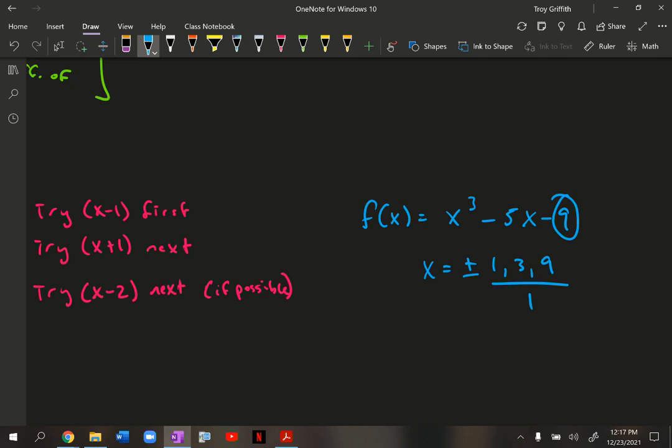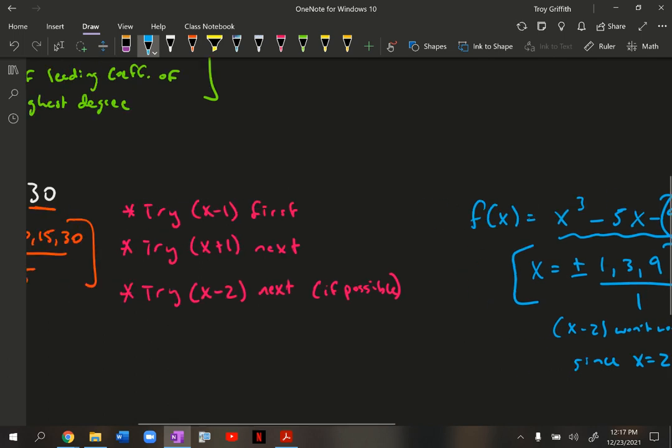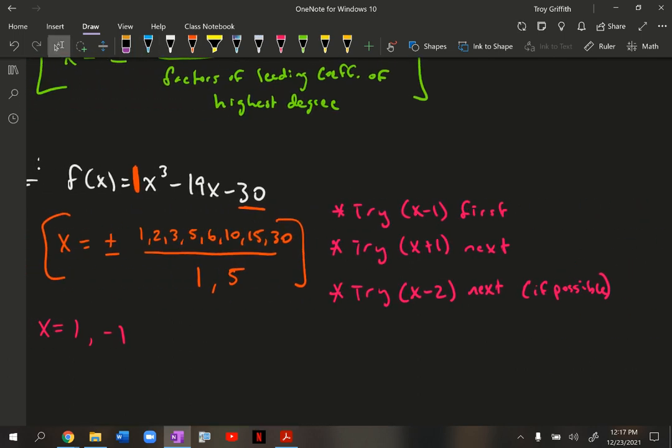So you could try x minus 2 with this, but I can guarantee you x minus 2 won't work, since x equals 2 is not something that I can get from this list right here. Okay, so I should only try things if they appear in this list, but I want to go systematically here, and I can try x minus 1, then x plus 1, then x minus 2 if possible, then x plus 2, then x minus 3, and then x plus 3.